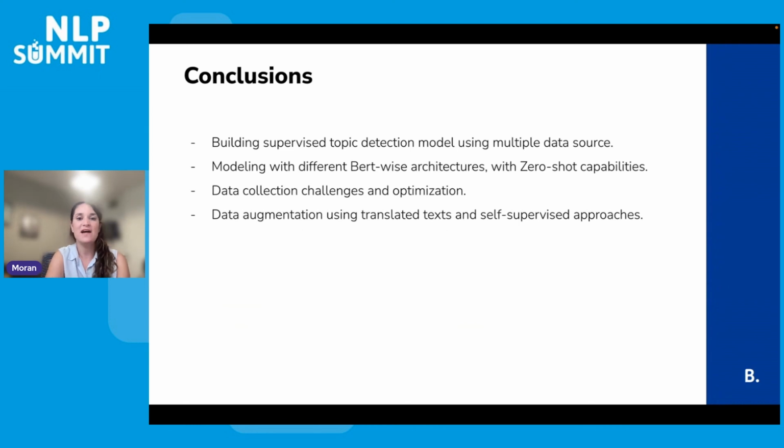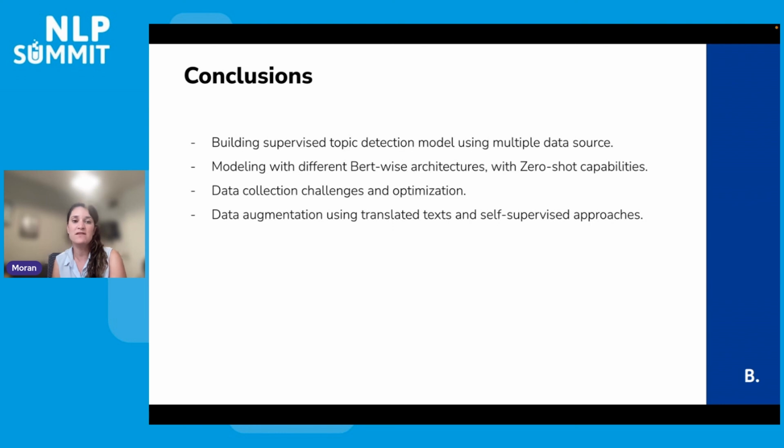To conclude the session, we built a supervised topic detection model using multiple data sources. This model is very generic to any kind of text, and can find relevant topics that are discussed in any kind of text. We showed how we model it with different kinds of BERT-based architectures, each one of them with zero-shot capabilities.